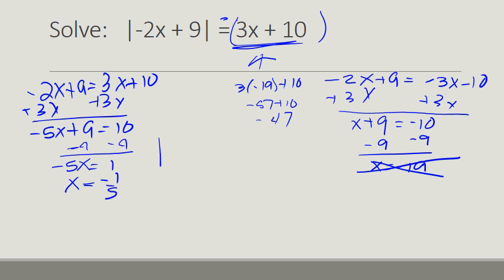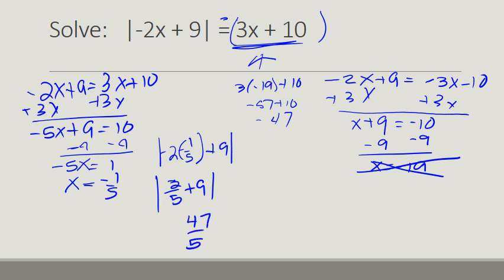But if you get the absolute value of negative 2 times 1/5 plus 9, I get 2/5 plus 9, the absolute value of that. 9 is 45/5, so I get 47/5, which is positive.